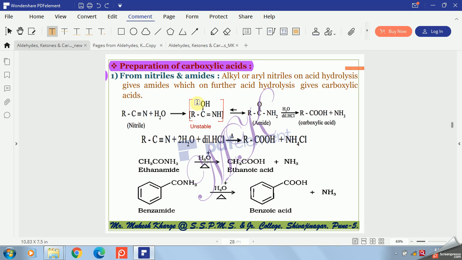Okay, so what we get? RC(OH)=NH. In this, one carbon contains two functional groups, OH and a double bond with NH, that is imine. So it undergoes conversion into a stable form, and it is one type of tautomerization that we already discussed in keto-enol tautomerism.